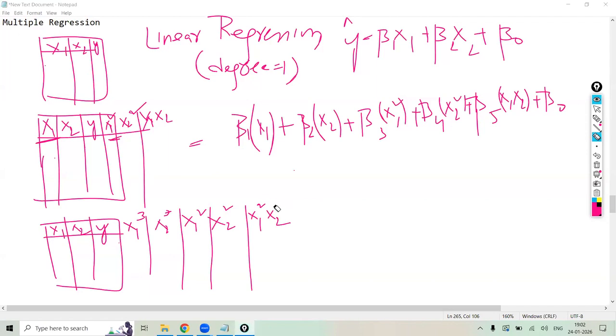That is x1 square into x2, and x1 into x2 square. Is that clear, everyone? Yes or no?